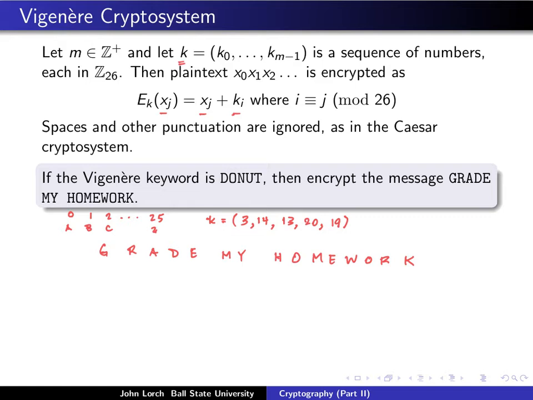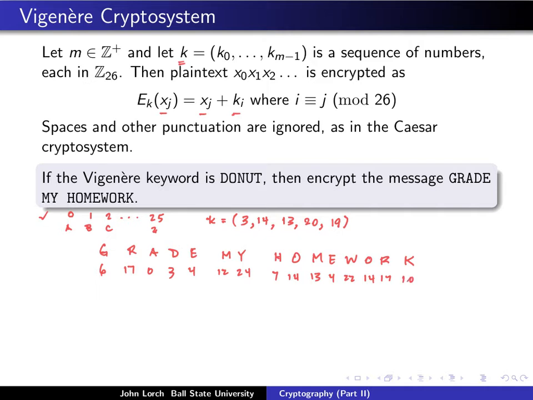Now we're going to assign each letter in grade my homework its corresponding number from this list, and that becomes 6, 17, 0, 3, and then E is 4, and then 12 and 24 for my, and then homework is 7, 14, 13, 4, 22, 14, and then 17 and 10.